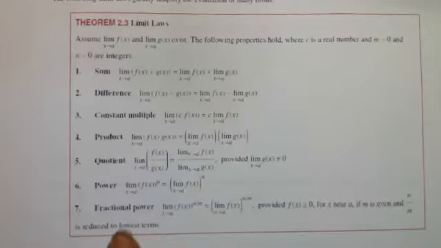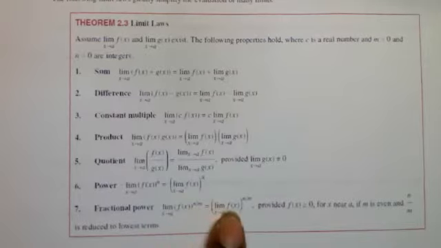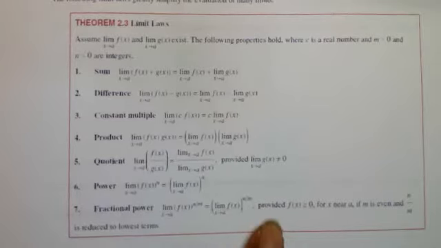And then the last one is a fractional power, where we have the limit of f of x raised to the n over m power as x approaches a. Here I can do the same thing for the power rule. We're taking the limit of f of x as x approaches a, and whatever that is, it's going to be raised to the power of n over m.